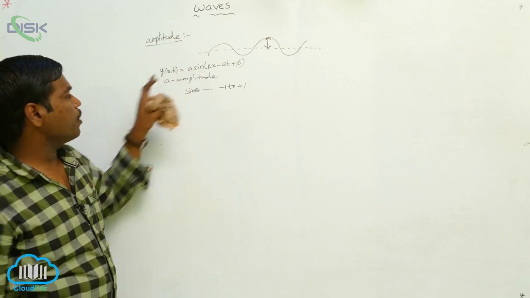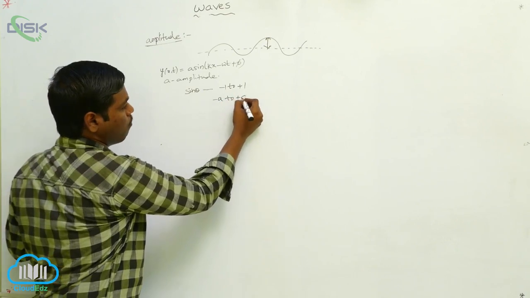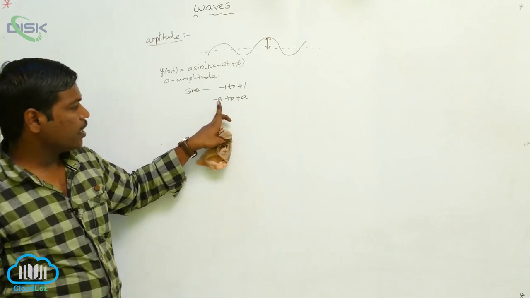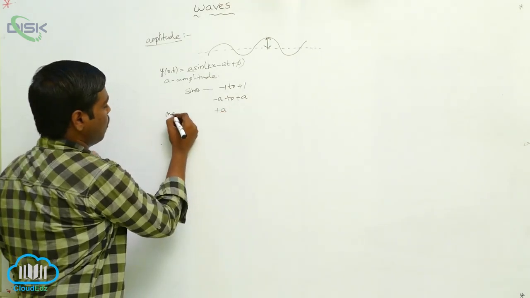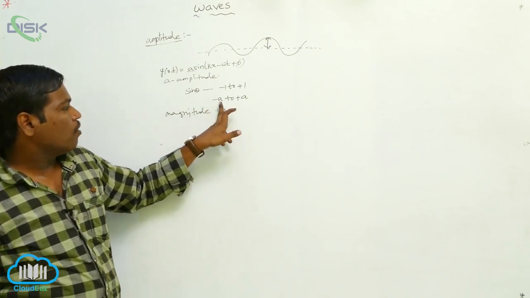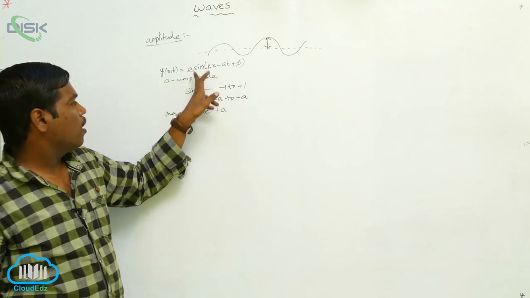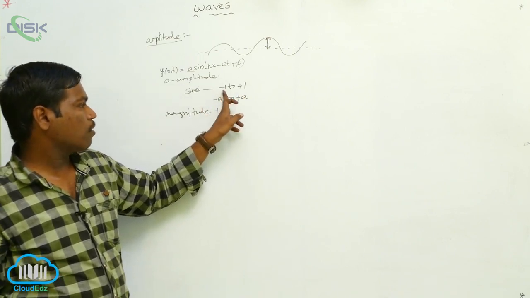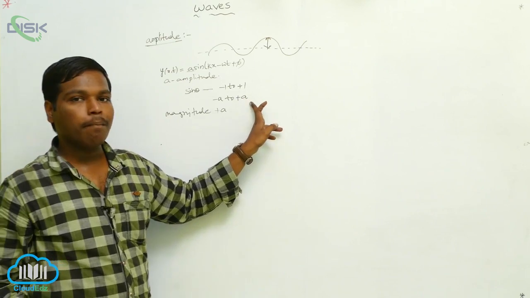That's why the displacement is changing from -a to +a. That means amplitude can never be negative; the magnitude of the amplitude is always +a. But based on the direction, the value changes from -a to +a. Here a is the magnitude of the amplitude, but because of the sine values changing from -1 to +1, the displacement changes from -a to +a.